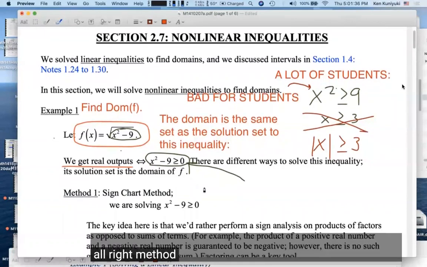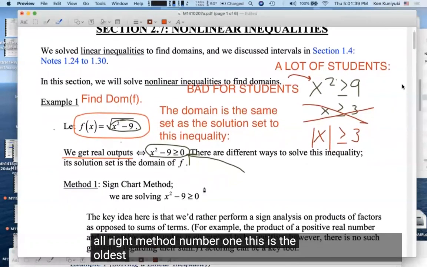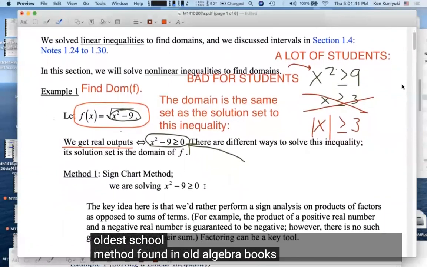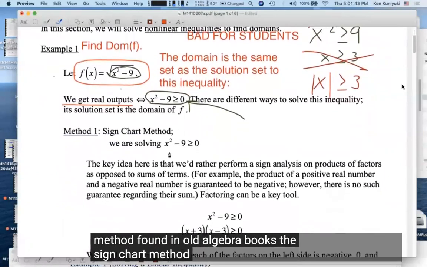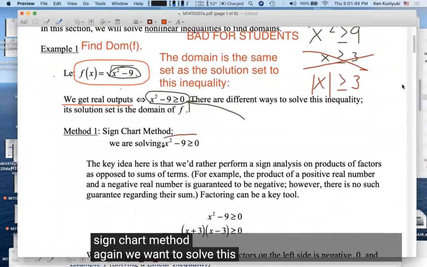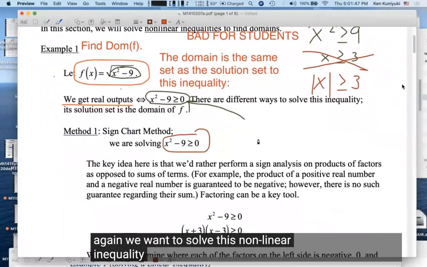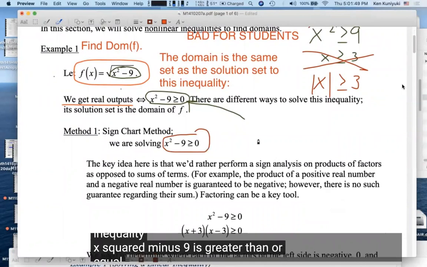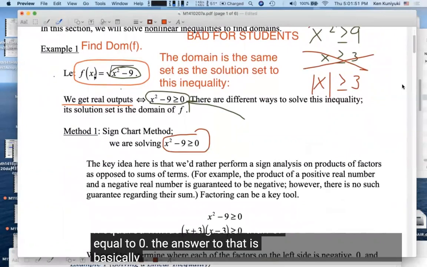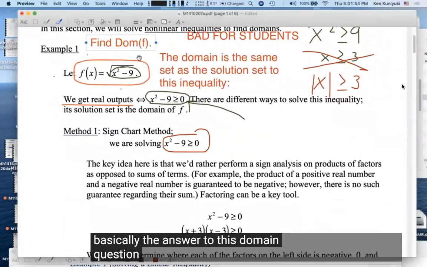All right, method number 1. This is the oldest school method found in old algebra books, the sign chart method. Again, we want to solve this nonlinear inequality. X squared minus 9 is greater than or equal to 0. The answer to that is basically the answer to this domain question. But it comes down to this.